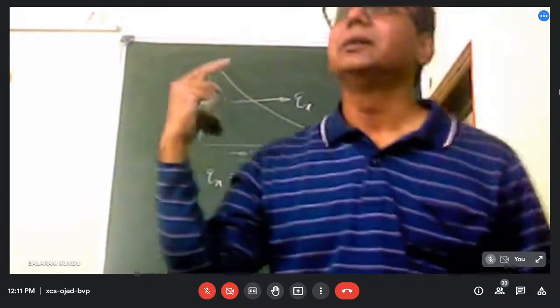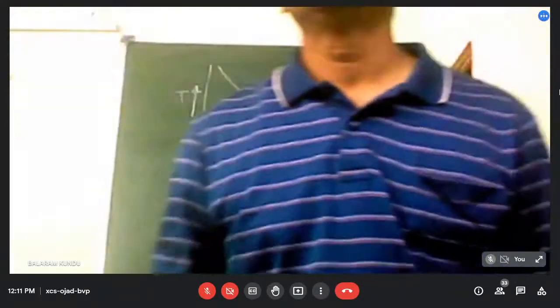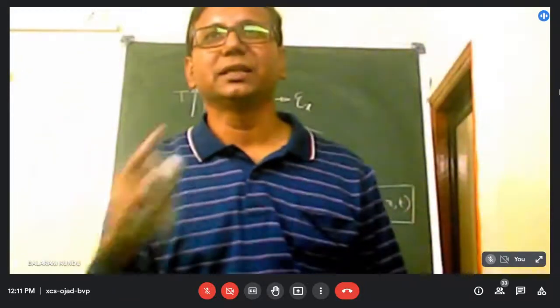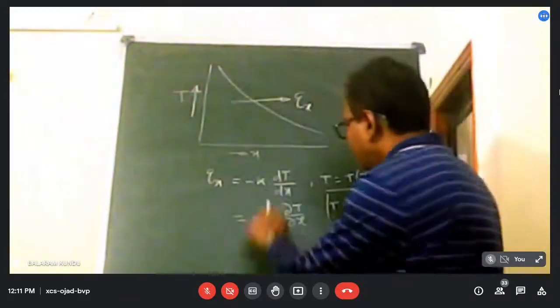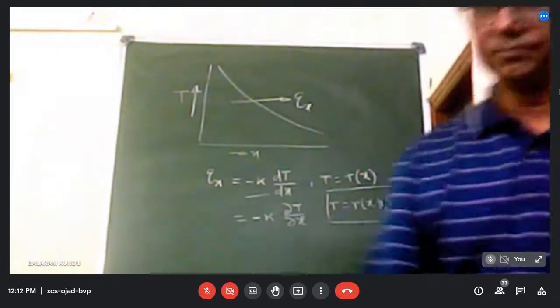Here qx means heat flux acting in the x direction, which is a positive quantity. So in order to obtain the positive quantity, we should consider the negative sign. That's why I use the negative symbol.